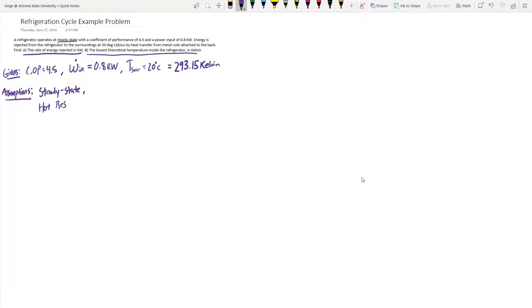So we can call the hot reservoir our surrounding atmosphere, and similarly, we can call the cold reservoir the interior of a refrigerator.